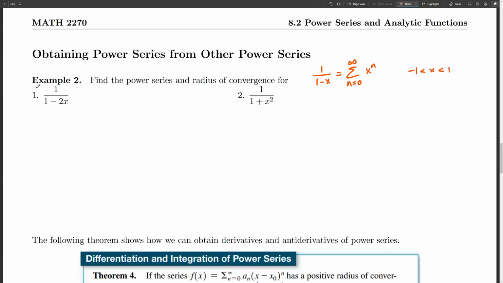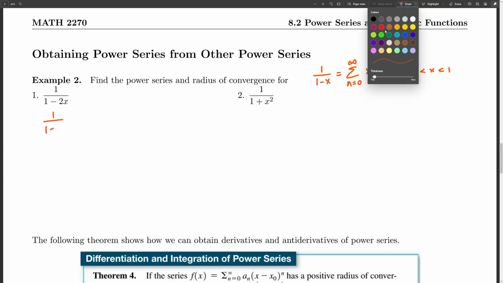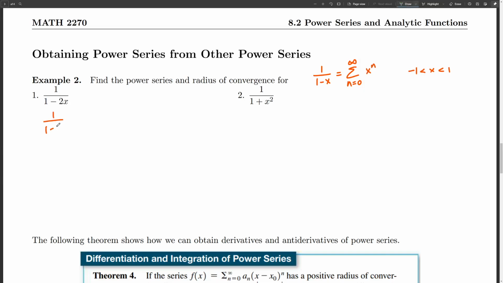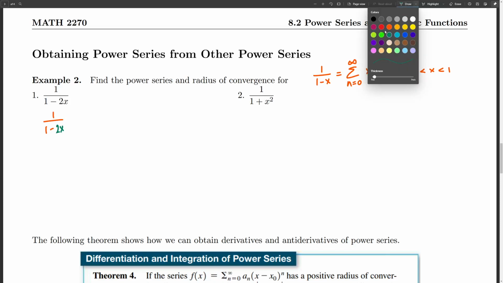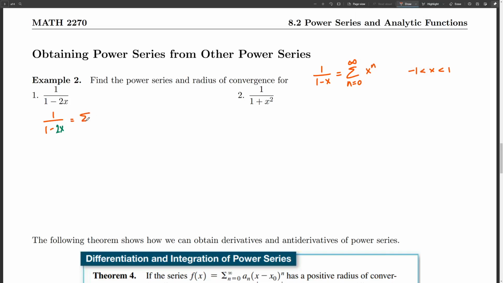So let's take a look at this expression here. What we have here is, instead of 1 over 1 minus x, we actually have 1 over 1 minus 2x. So what we're going to do is take the same power series and write this as the sum from n equals 0 to infinity.